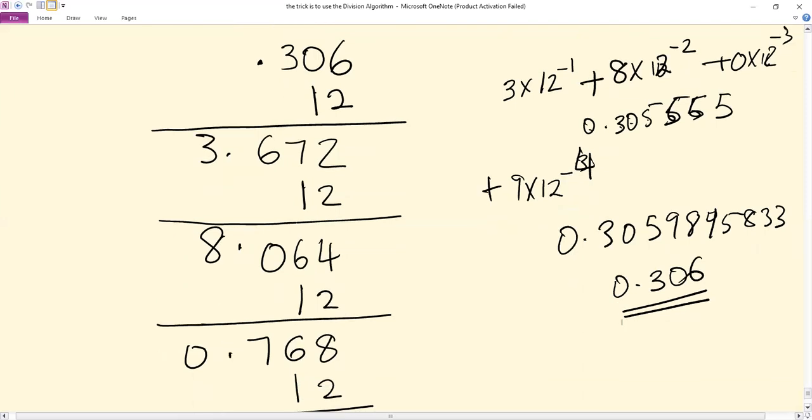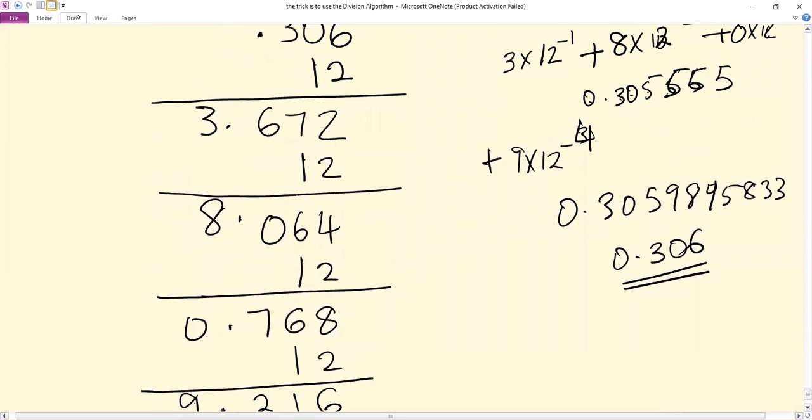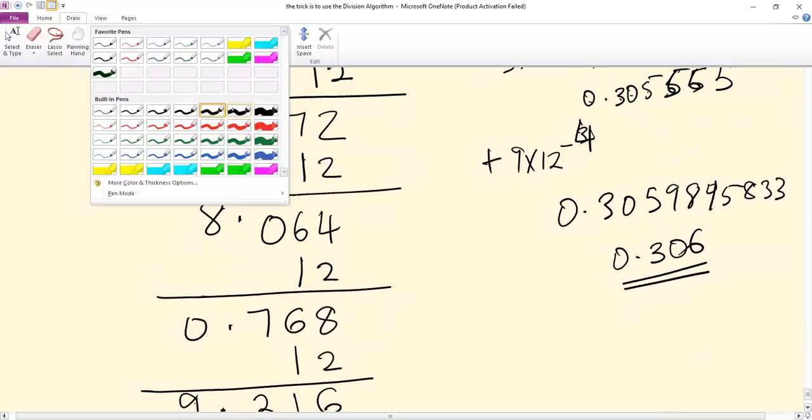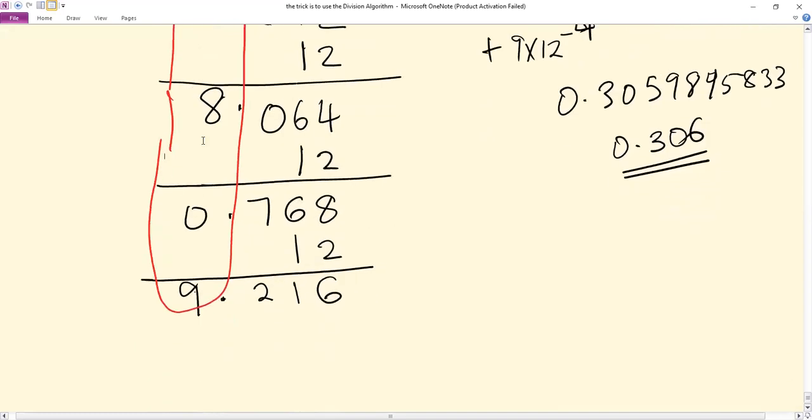So we can stop at this point here and say, picking these whole number parts, the number is given by 0.306 to base 10, which is the same as 0.3809 to base 12.